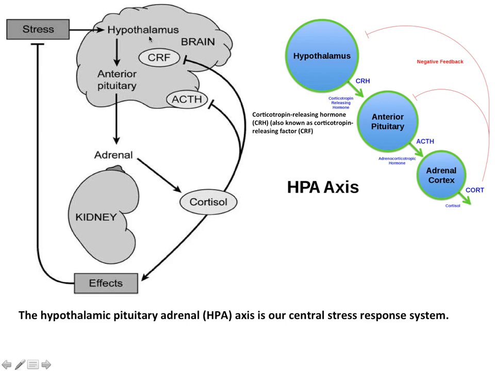Under stress conditions, the hypothalamus, which is situated in the brain, starts secretion of CRH, that is corticotropin releasing hormone, and this corticotropin releasing hormone goes to the anterior lobe of the pituitary, and it stimulates the secretion of ACTH, that is adrenocorticotropic hormone. This ACTH then directly goes to the adrenal gland, particularly the adrenal cortex, and from the adrenal cortex it stimulates the production of cortisol.